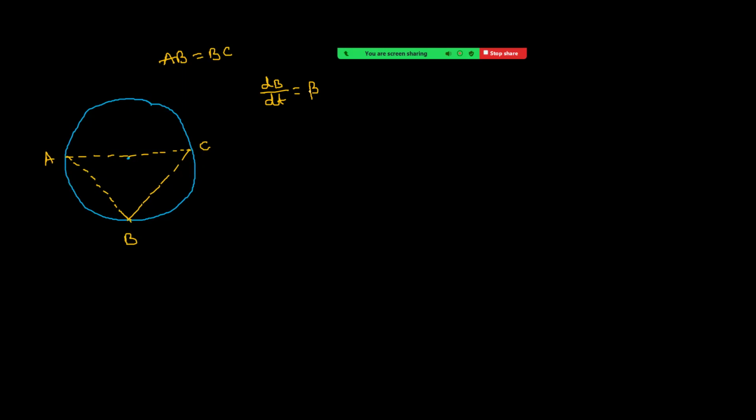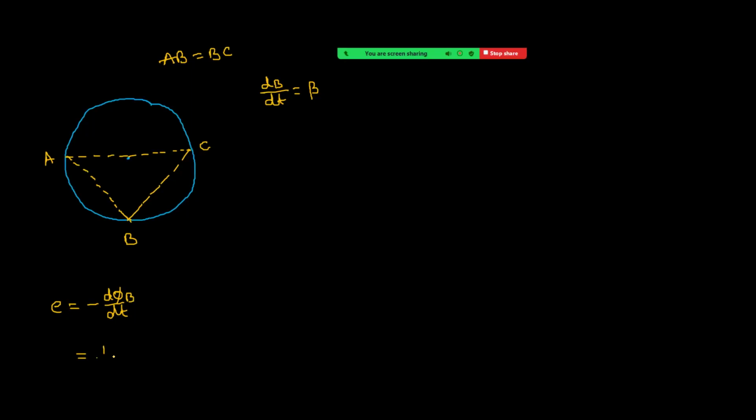Find the EMF induced in that triangular circuit ABC. Directly we can use Faraday's law, E equal to minus d phi by dt, the rate of change of magnetic flux. Focus only on the modulus value. There is no change in area, only the field is changing.